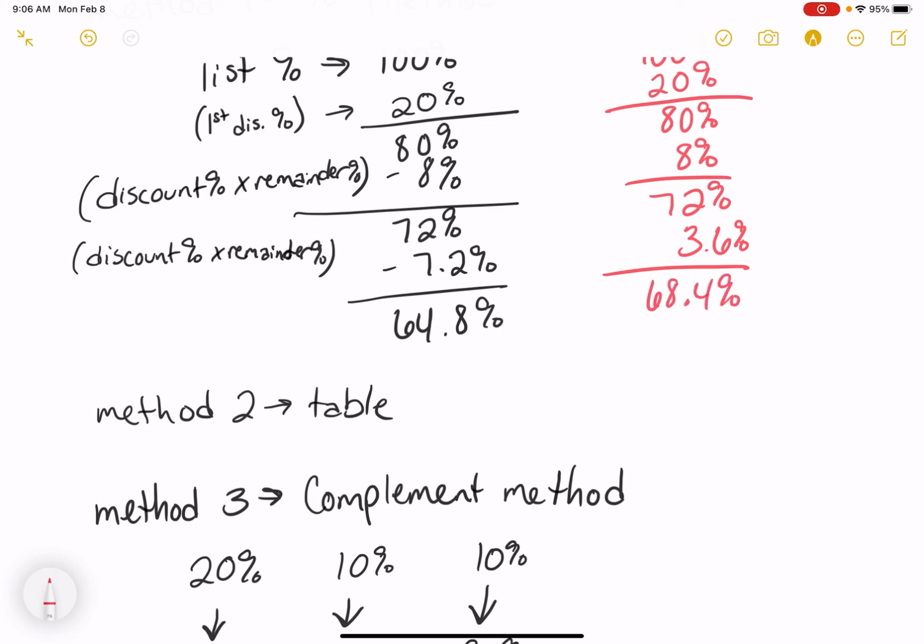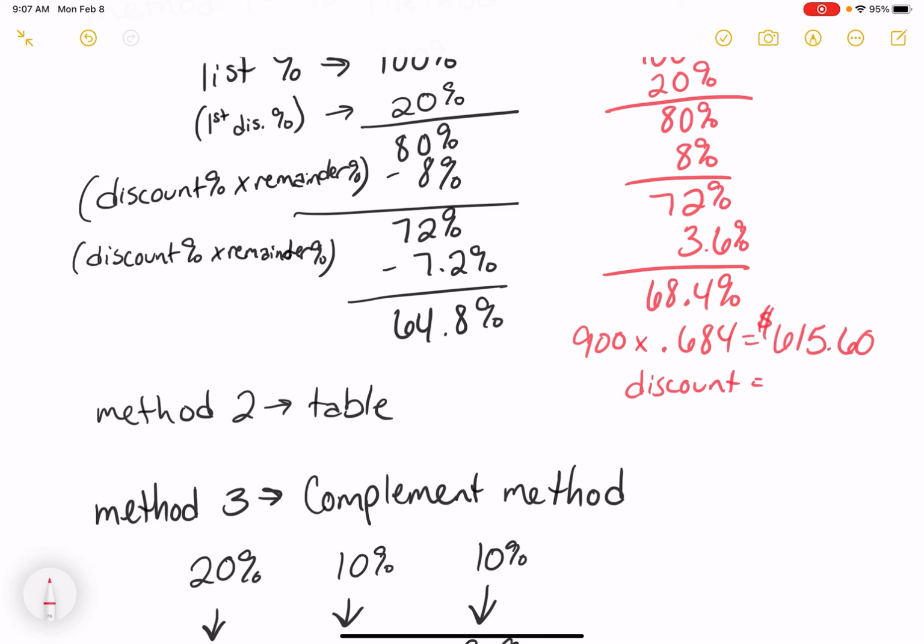Okay. So then I can take that and multiply it by my list price. So 900 times 0.684. So this is how much I'm going to pay. How much is the discount? Like 285?